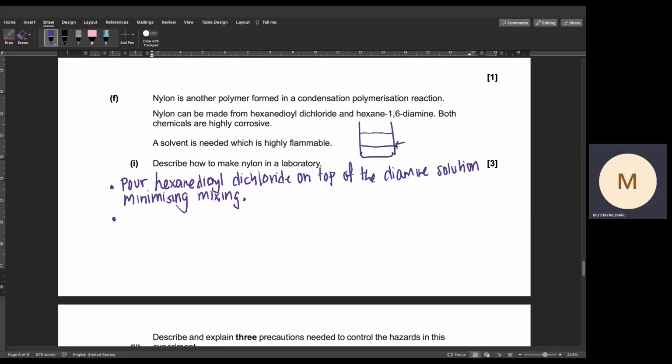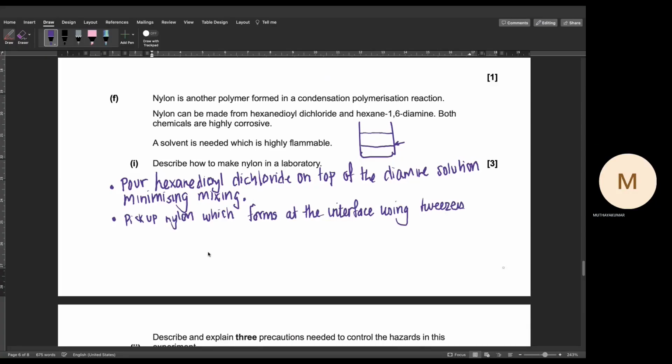This interface here is where your nylon is produced. So you can pick the thin film of nylon, which is produced at the interface, and you can use tweezers. And you want to do this slowly. And then lastly, you want to make sure that you wash the thread to remove any corrosive chemicals.